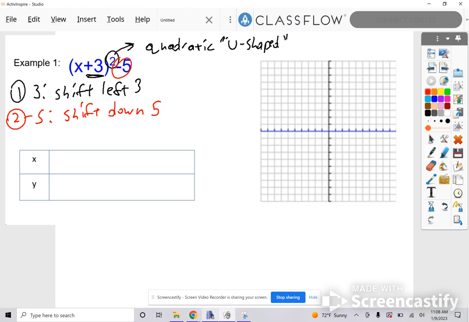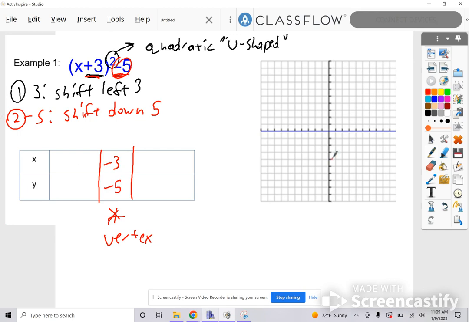So we have a shift down 5 here. Now we need to figure out what our star numbers are. To get that, it's going to be that vertex here. Well, my vertex is -3, -5.